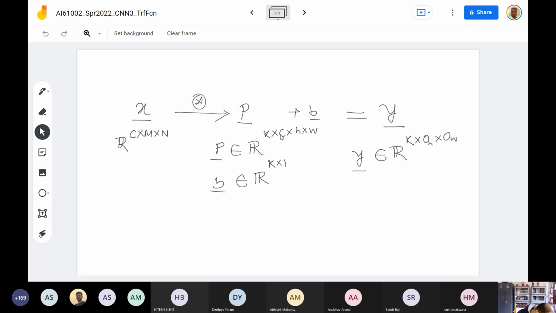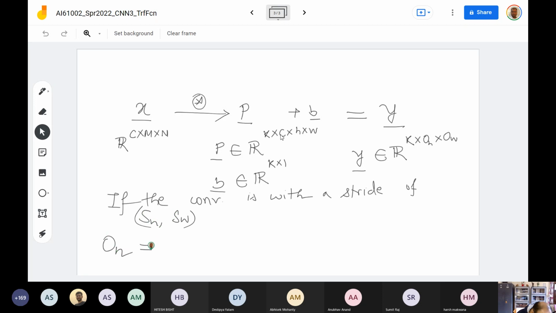Now, if the convolution is with a stride of SH, SW, then what will OH be? This is my question.